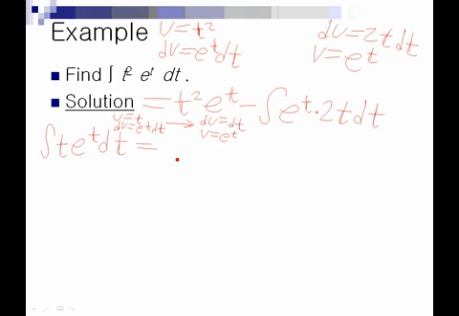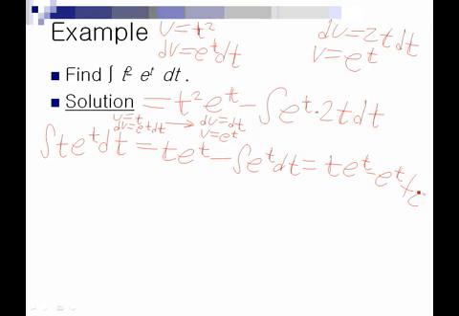So this means our uv is simply t e to the t minus the integral of v du, so e to the t dt, and therefore we get t e to the t minus e to the t plus some arbitrary constant.